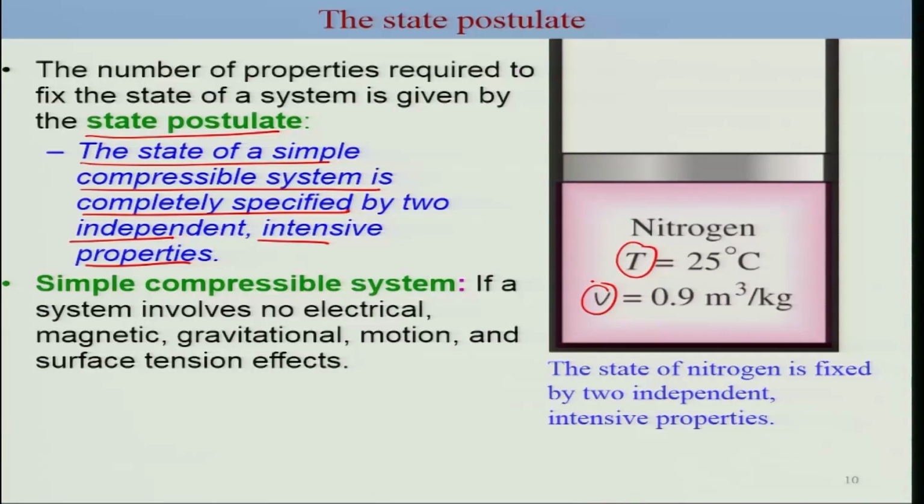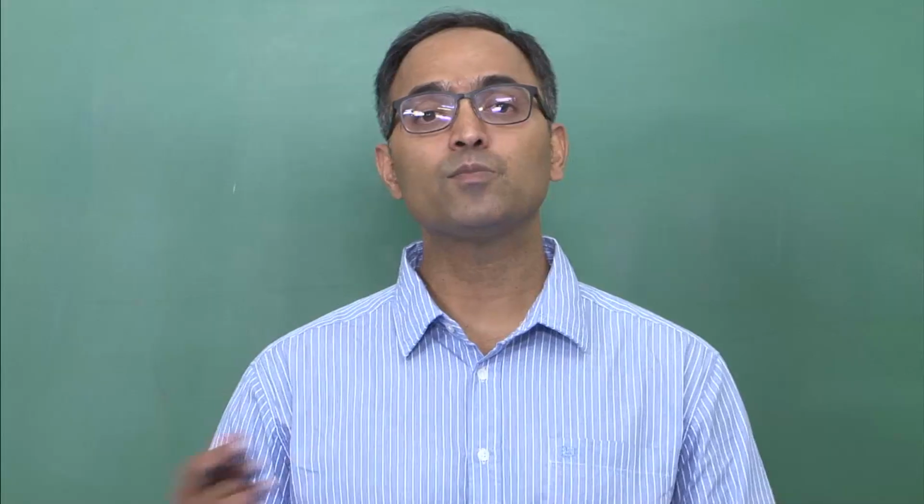Now you can make use of temperature and pressure also, but this is relevant only for a single phase. For a single phase, temperature and pressure are independent, but for two phases, for example, where liquid water is converted to vapor, then the temperature and pressure get related.